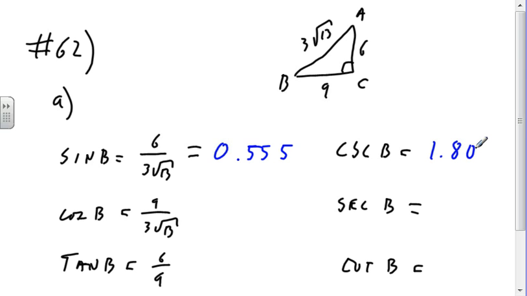Okay, 9 divided by 3, also known as 3, divided by the square root of 13. 0.832. 1 divided by the answer, 1.20. 6 divided by 9, 0.667. Okay, so that's good. 1 divided by the answer, 1.5.